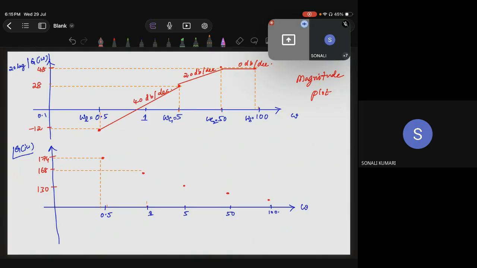So the last is 30. Okay, so you can connect the points. So this is the Bode phase plot.